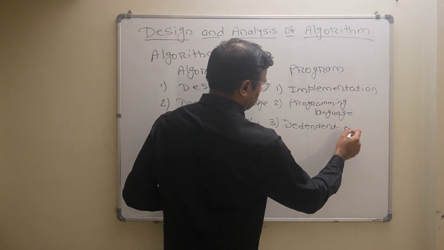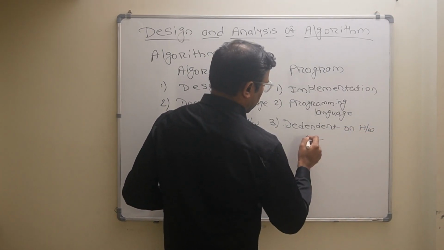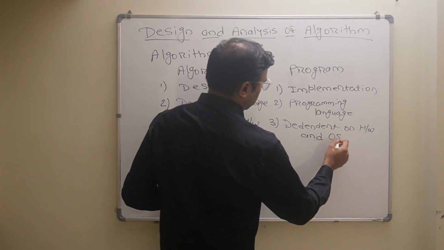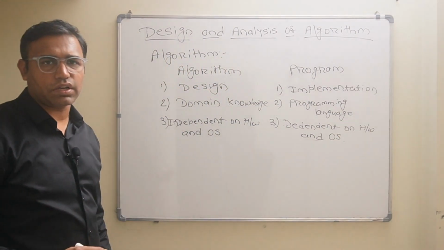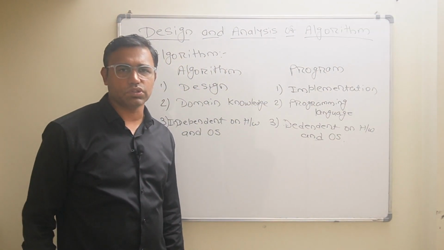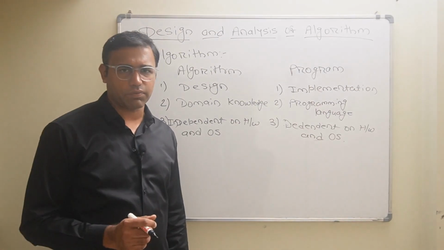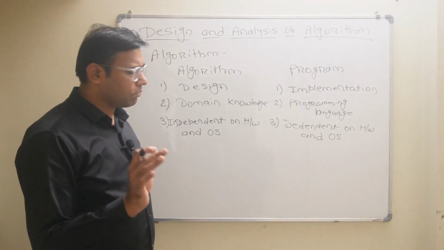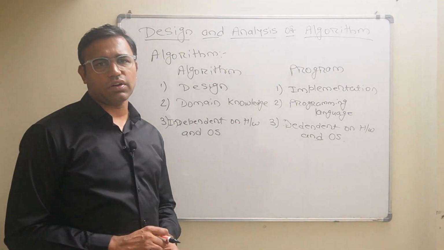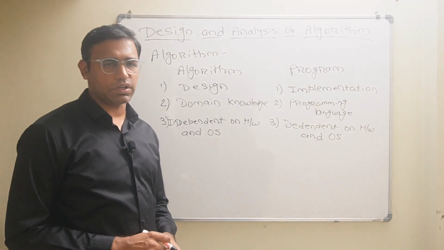Sometimes, if you take the example of Visual Basic, it will run on the Microsoft platform. So there are some programming languages which are dependent on hardware and OS, but algorithm is independent of it.